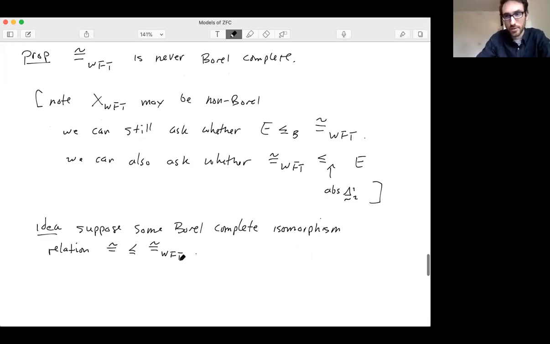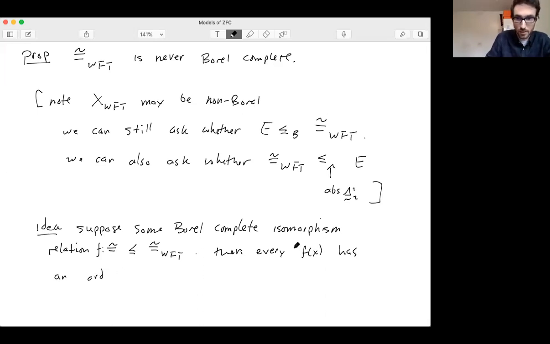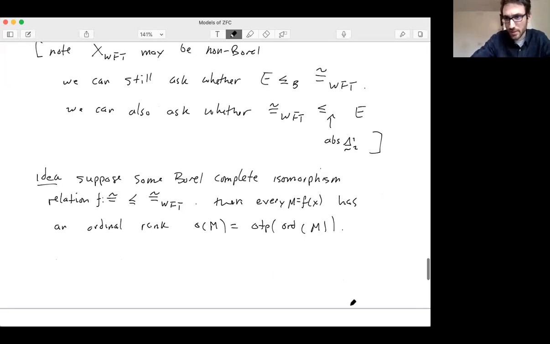You could use many different ranks, but in particular, you could use the order type of the ordinals of the model, O of M. So every f of x has an ordinal rank O of M, which is the order type of the ordinals of M. And by the boundedness theorem in descriptive set theory, this Borel function must take values in a bounded set of ranks.